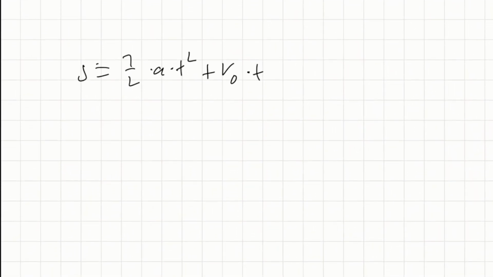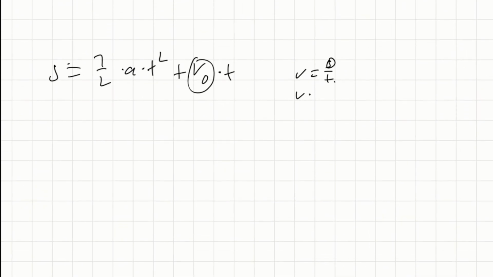If we have a beginning speed, we also have to consider it, because if we just want our distance, we would make speed times t. If we have a certain speed at the beginning, we have to consider this as well. But in most cases this will be 0, because you will start to measure at 0.